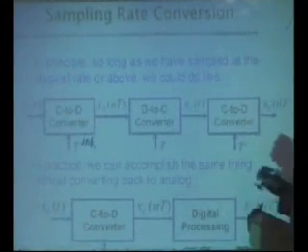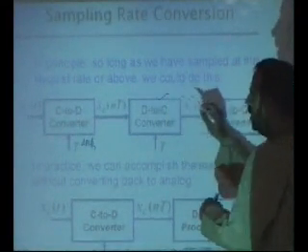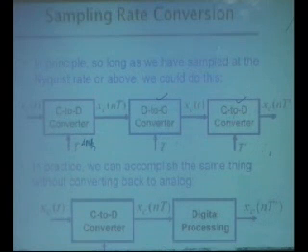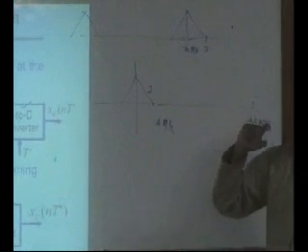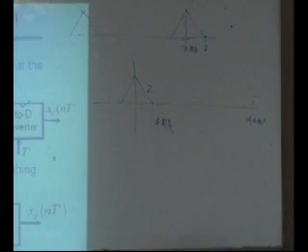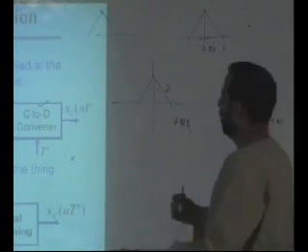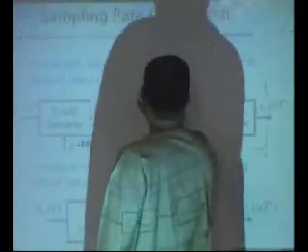But that will involve an extra D to A and A to D converter. First you do some processing, clean the spectrum, bring the spectrum down, then you say, okay, now I think I have more samples than what is required, so why should I not convert the signal back to analog and then use an appropriate sampling rate to convert it back to digital. But that will require 2 of these devices, and these devices are expensive.